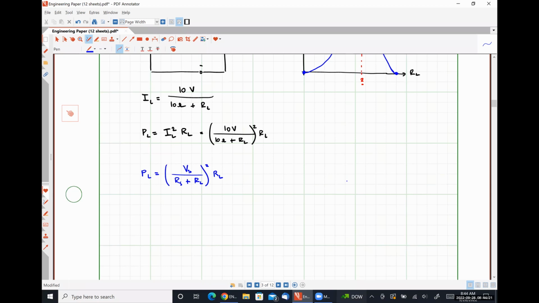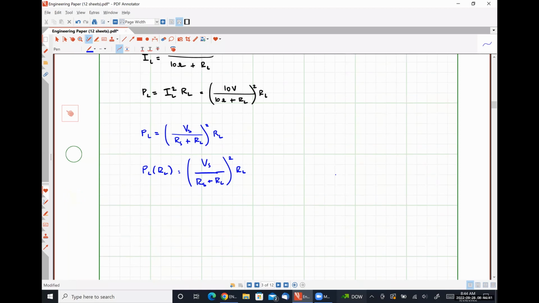So PL as a function of RL is, again, Vs over Rs plus RL, this whole thing squared, times RL. So we need to take the derivative of PL as a function of RL with respect to RL.